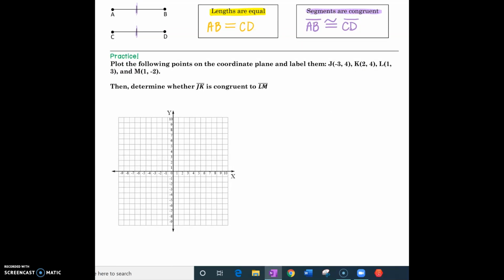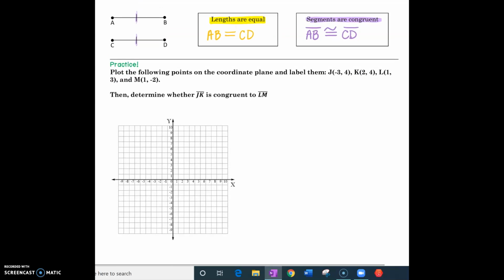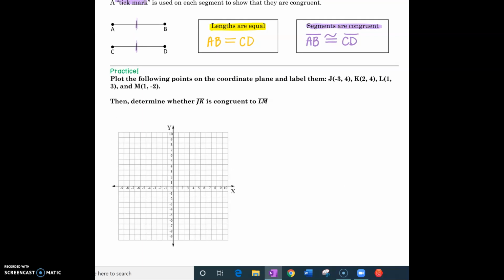So here we're going to try the practice problem together. We're going to plot the following points on the coordinate plane and label them by their letter. And then we're going to determine if segment JK is congruent to segment LM. So first, let's plot our points. For J, we have -3, so that's 3 to the left, and +4.